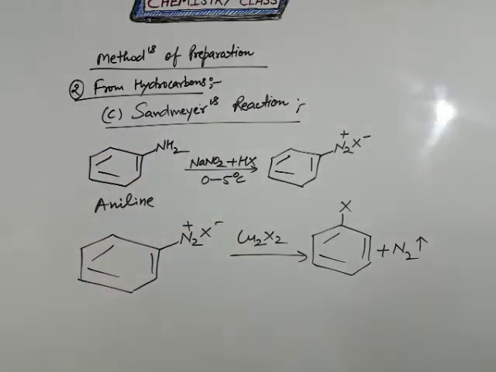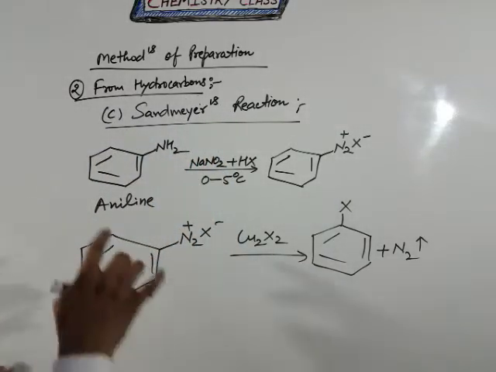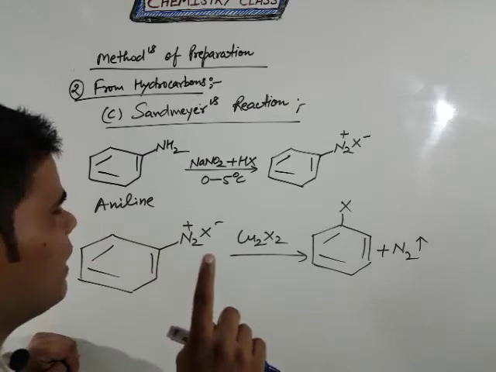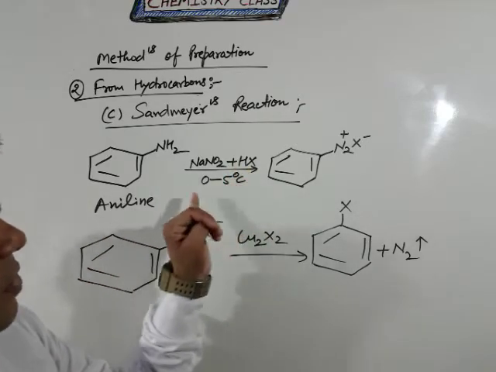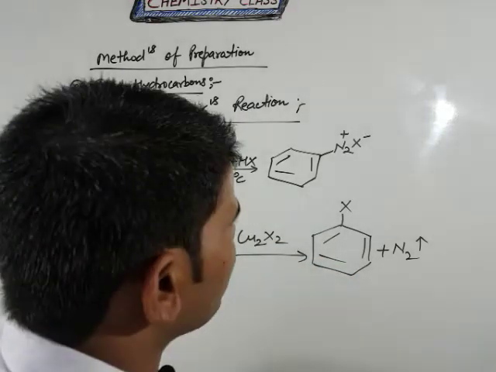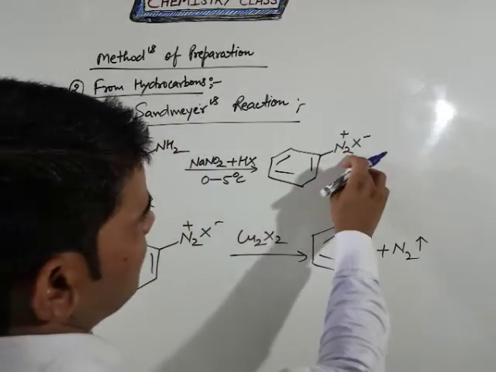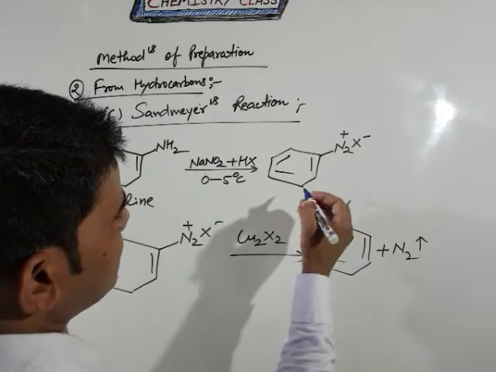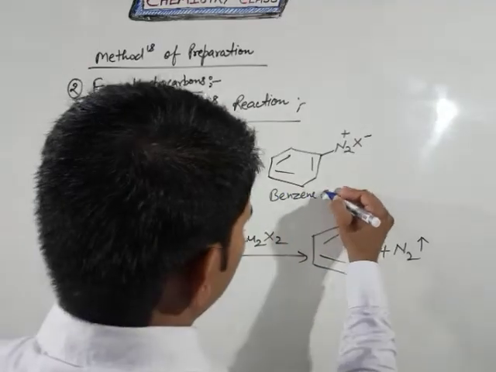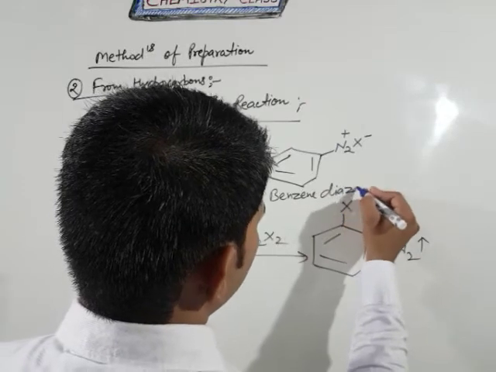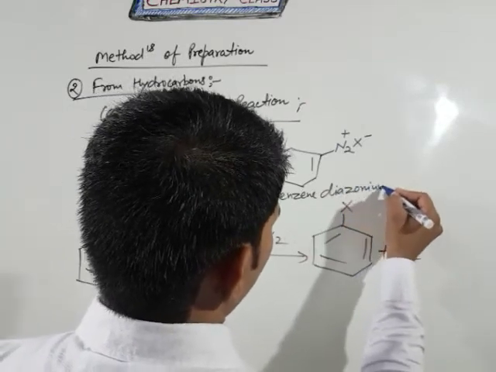But students, remember one condition: whenever primary aromatic aniline reacts with NaNO2 plus HX at 0 to 5 degrees Celsius, it will provide benzene attached to N2+ X-. This name is benzene diazonium halide.